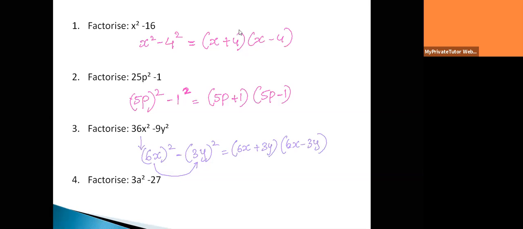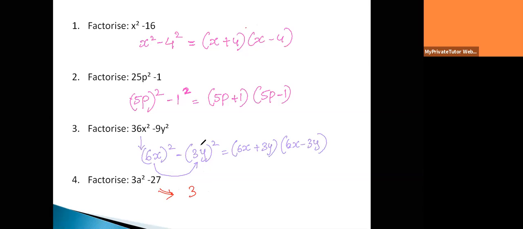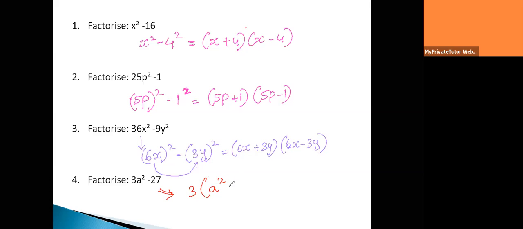So the last one, guys. Who wants to try the last one? First thing, it is 3 brackets a square minus 9. Okay, that's very good, Iris. Excellent one.